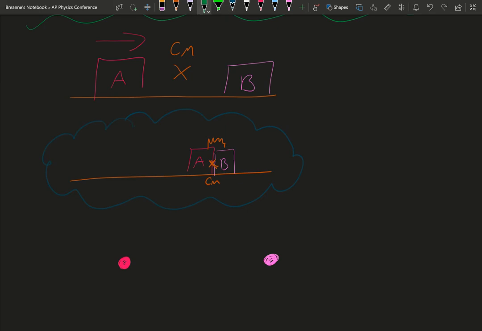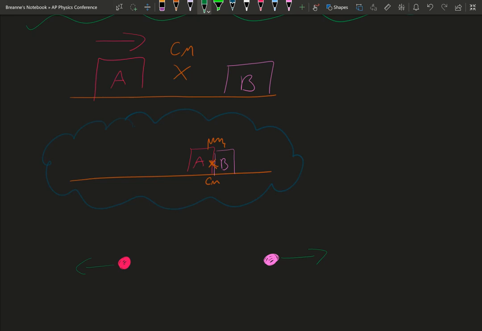So A would be pushing on B, so it'd be this way. And B would be pushing on A, so it'd be this way. And since they're the same mass, the arrows should be the same. They didn't give us a grid on this one, so just kind of eyeball it.